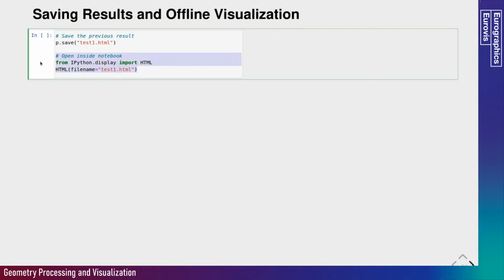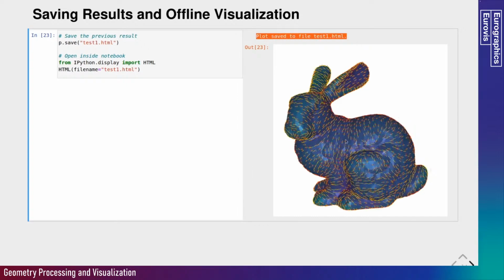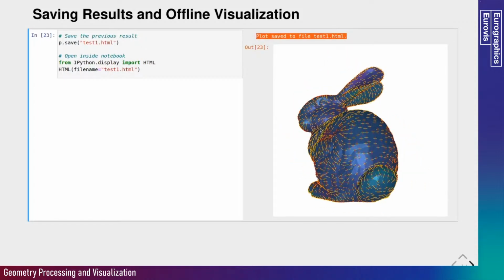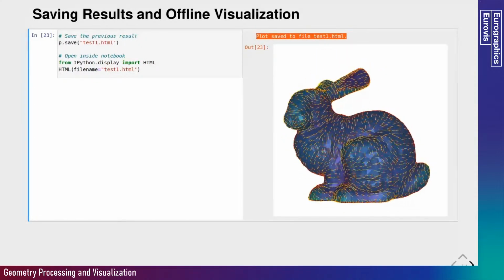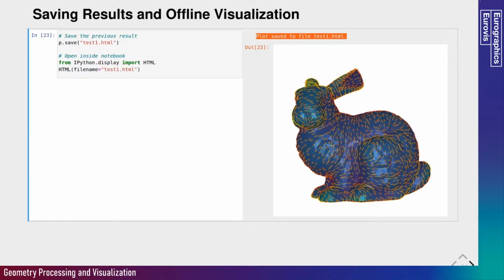This code here lets me load this HTML file again into the Jupyter Notebook, and we see the output is that we saved the plot to test1.html, and when we load it we get the same plot. So we still have this interactive viewer, and we have the lines on top of our color-coded curvature visualization.